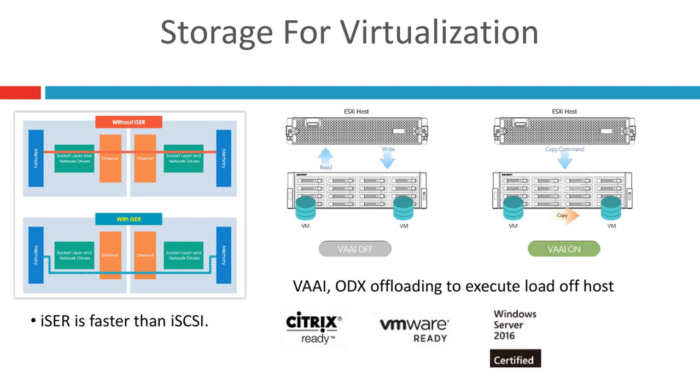If your network card supports iSER, then it cuts across a lot of network layers and writes directly from memory to memory. A lot of QNAP models support iSER. You need to see whether VAAI and ODX offloading is offered. And finally, if you look at the certification, if there's a unit which is Citrix Ready or VMware Ready or Windows Server 2016 certified, then they definitely have all these features that you need for virtualization.